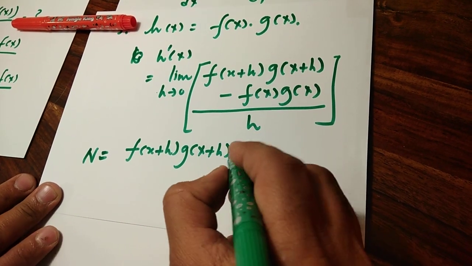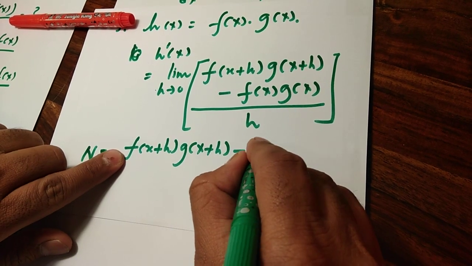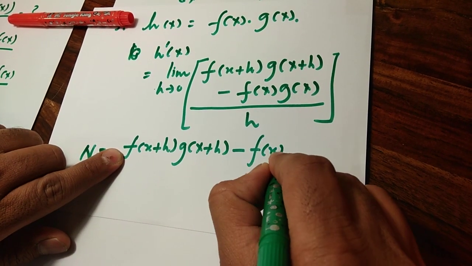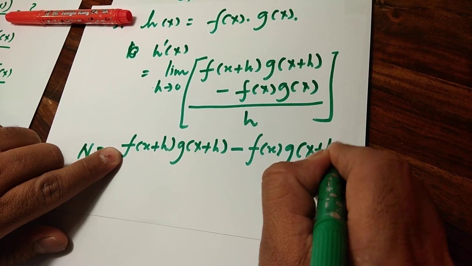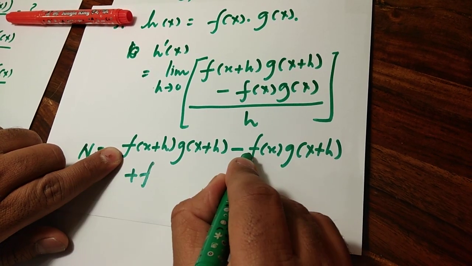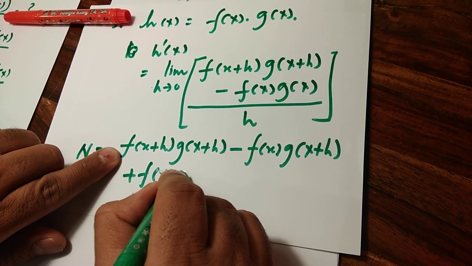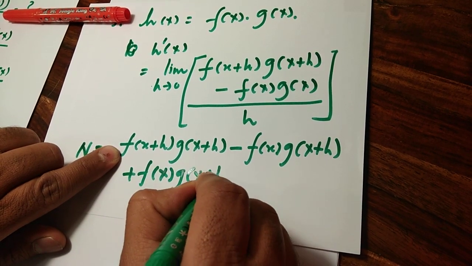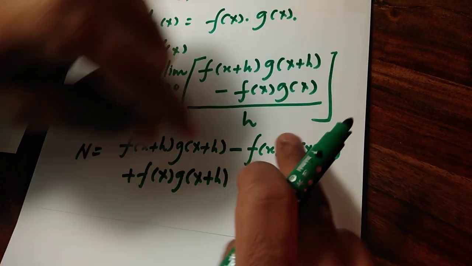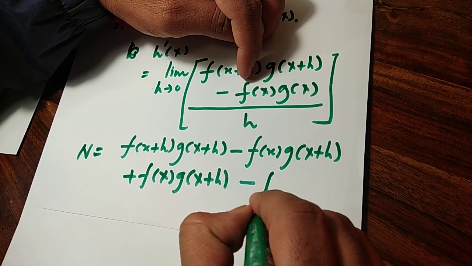Let me subtract f of x times g of x plus h, and I add the same thing back so those two cancel, so I have done really nothing.